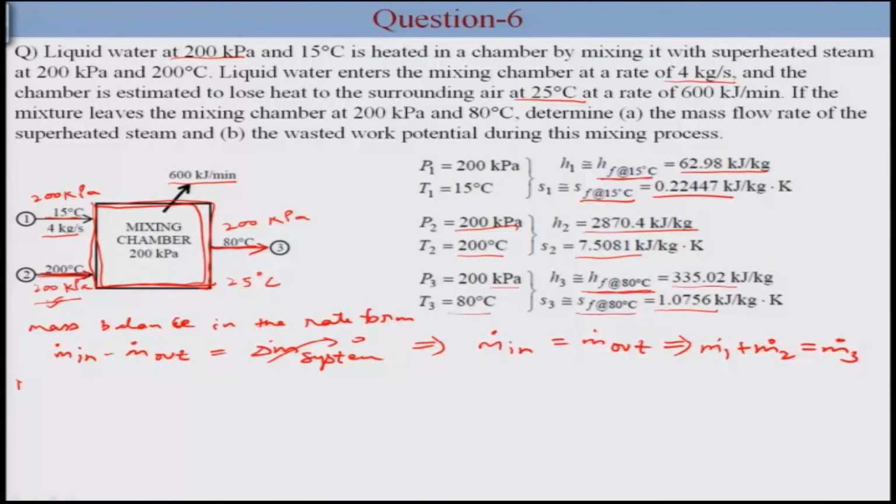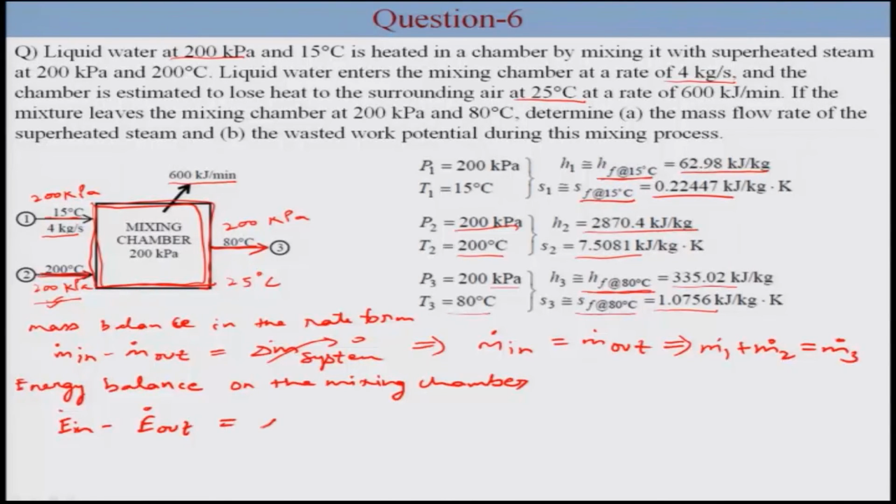Now, applying energy balance on this mixing chamber in the rate form. So, E in dot minus E out dot is equal to rate of change of energy of the system. Again, this rate of change of energy is 0 because of steady flow system.